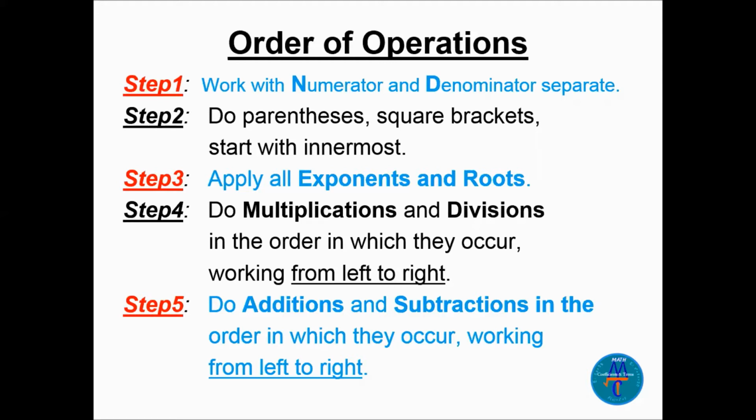So if you have two multiplications, you have to start from left to right. You cannot jump. After you finish all multiplication and divisions, you go to addition and subtraction, also in the order which they occur, working from left to right.